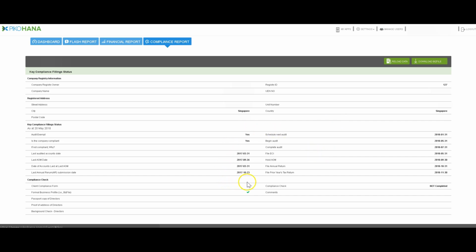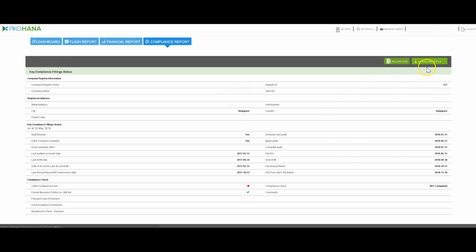This not only tells you when you last filed and the status, but also tells you what you need to do over the coming months. And this will, for example, in this case, schedule the next audit. This will send notifications out to the client and also the account manager so that they know they need to follow up on these matters and get them done within the time frame.